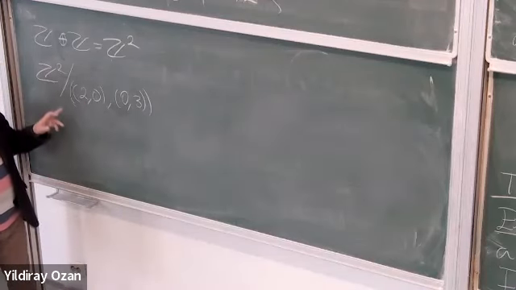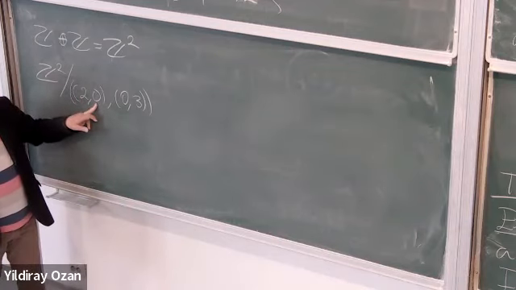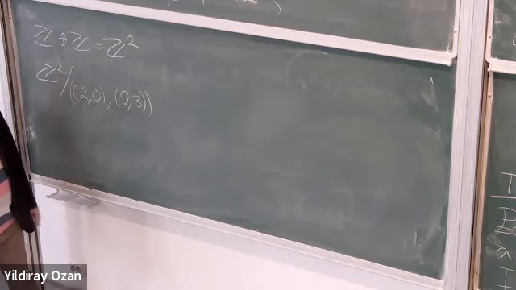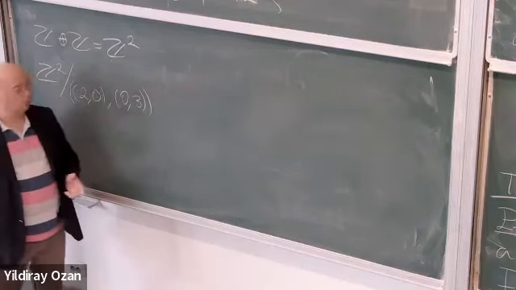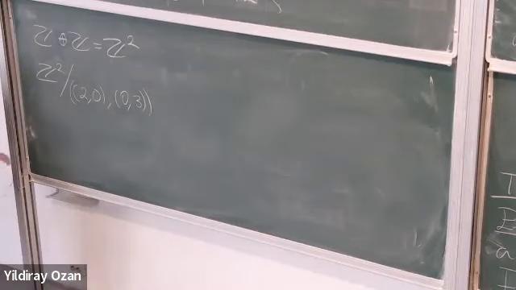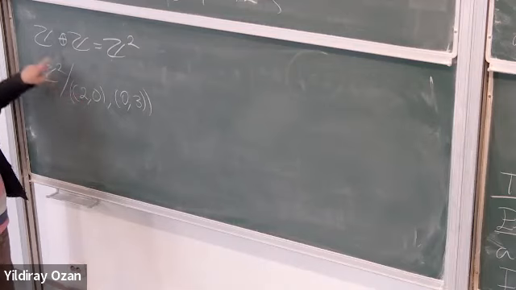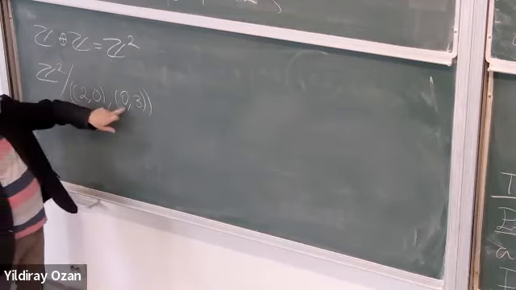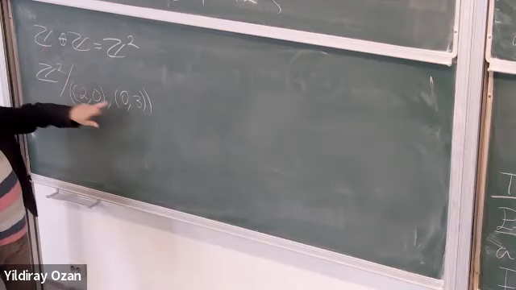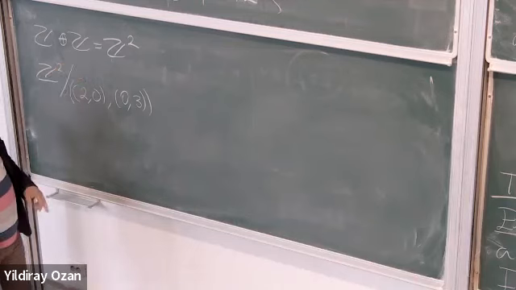So here, what we mean, (2,0) is considered to be 0 in the quotient object, and (0,3) is considered to be 0. So this 2 is the 2 here, and this is the 0 here. And this 0 is the 0 of this one, and this 3 is the element 3 here, right?